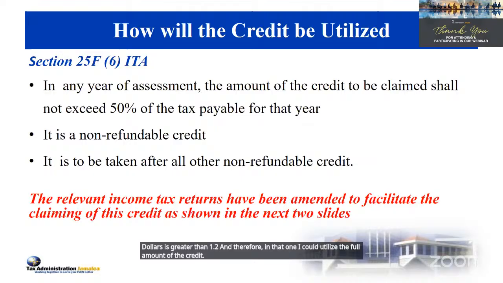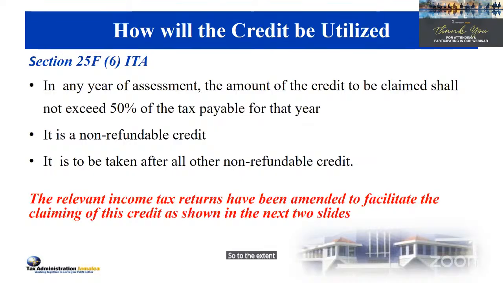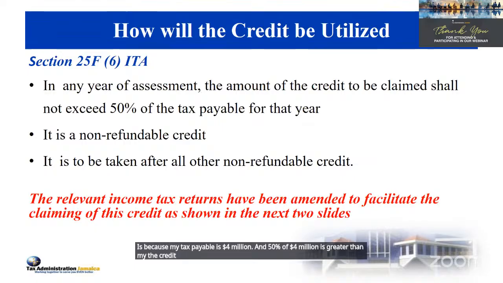So to the extent that my tax payable is $4 million and 50% of $4 million is greater than the credit that is available to me, then I can utilize the full amount of the credit against my tax liability in 1 year.